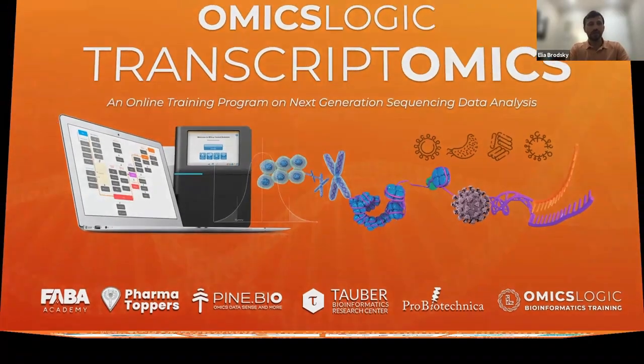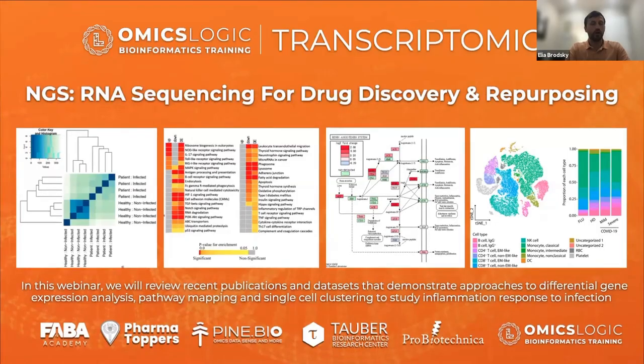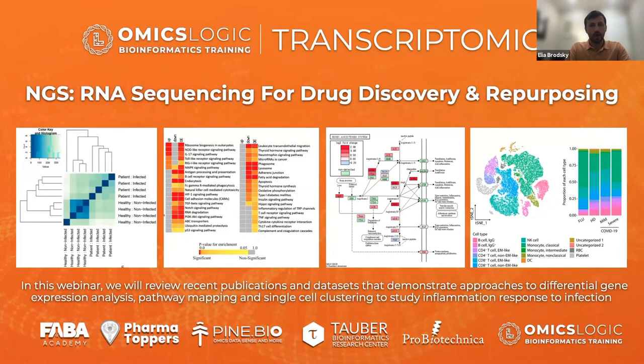So in this program, which is called RNA sequencing for drug discovery and repurposing, we will look for how people use transcriptomic data to link targets to diseases, validate these targets, and explore their variation in the natural systems biology.